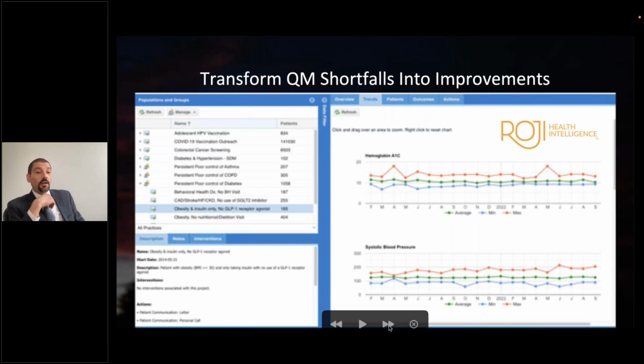So perhaps the patient is obese and has not been referred to a nutritionist or a dietitian, or they are on a certain type of medication, but there isn't any difference in the results. You can set this up so that you can see your results across time, so that you can see if your intervention is working. You can do this as something that you will roll out in the future, or you can start with everyone right away.